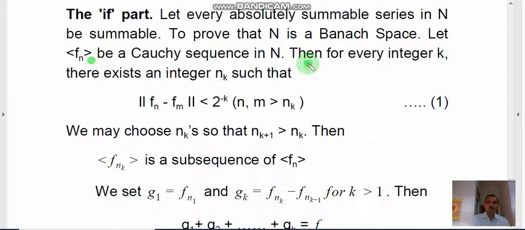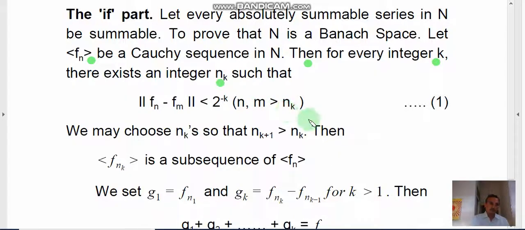Then for every integer k, there exists a positive integer nk such that the norm of Fn minus Fm is less than 2 power minus k for n, m greater than nk. We are choosing nk such that this norm is less than 2 power minus k.